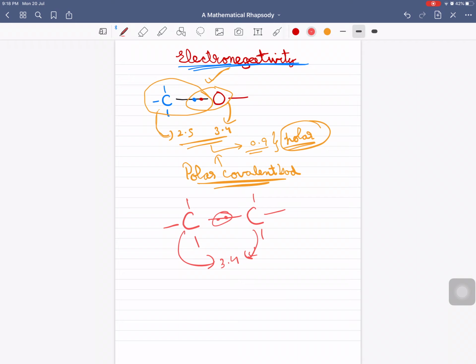They are most probable to be found in both directions. If you want to check here, the probability, and here the probability of finding them will be the same. Okay, let me just do that.